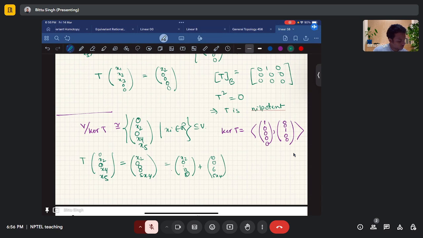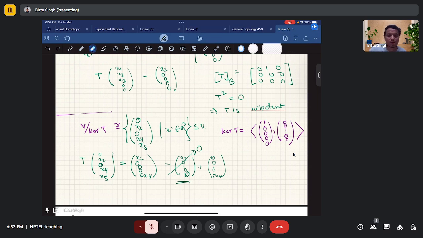So this term gets cancelled because this belongs to kernel T. So those actually correspond to V mod kernel T. So those corresponding to this class, this is actually 0, because this is same as 100 times x2. So this will be 0, but this is 5x4.